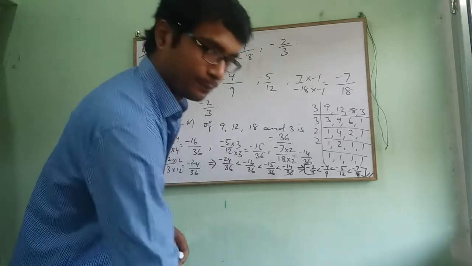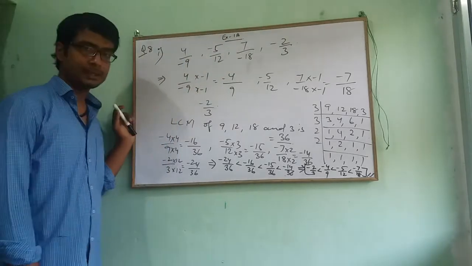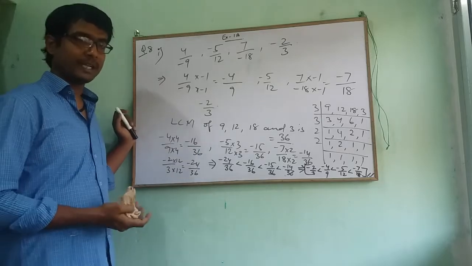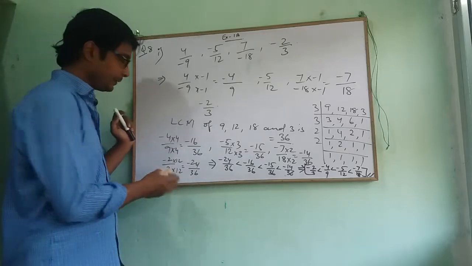Now let's see how we will arrange a certain set of rational numbers into descending form. So I am erasing this.